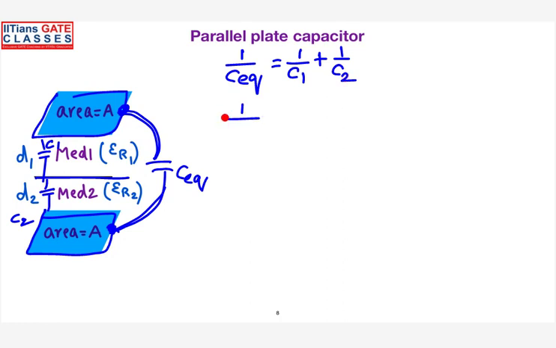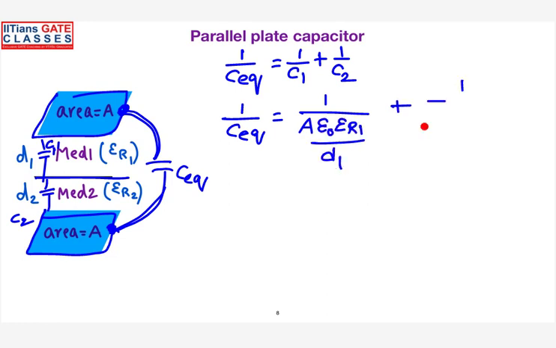Right. So 1 by C equivalent is equal to 1 by C1 plus 1 by C2. Please tell me what is the value of C1 here? Sir, epsilon R1 A by D1. Yeah, A remains the same and permittivity will be epsilon naught epsilon R1, divided by the distance D1, plus 1 divided by A epsilon naught epsilon R2 divided by D2.